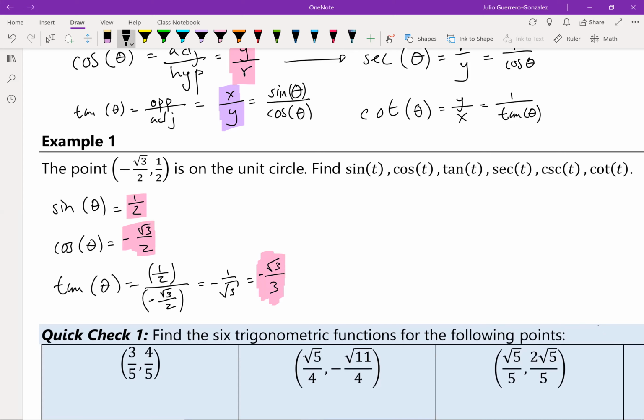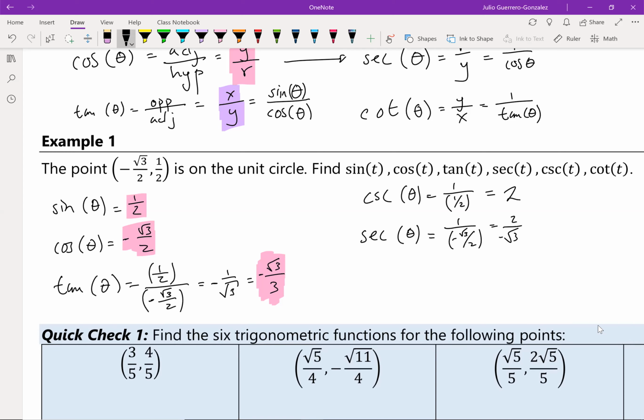Now the last 3. Cosecant of the angle theta is going to be 1 over the sine, which is 1 over 1/2, and this reduces to 2. The secant of theta is going to be 1 over negative root 3 over 2, which is 2 over negative root 3.